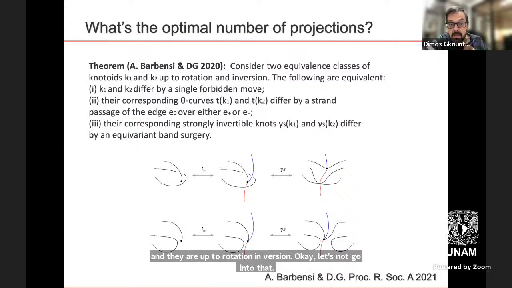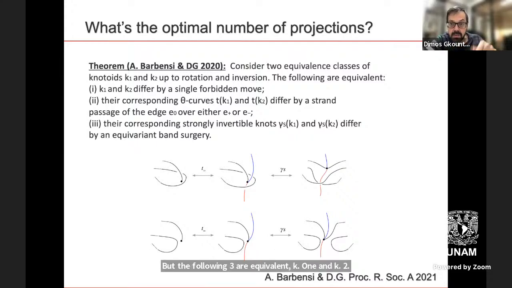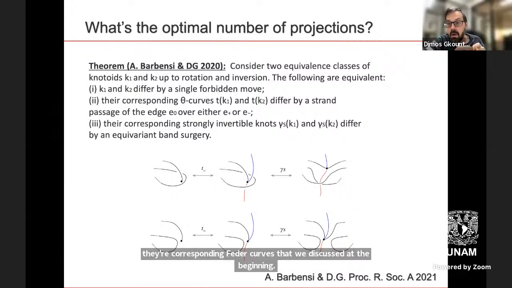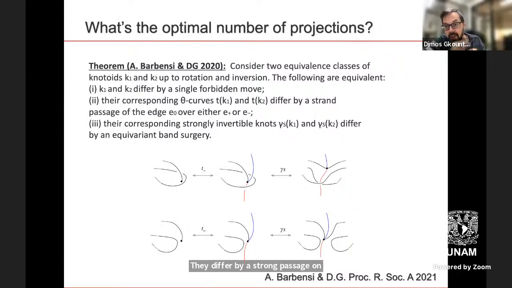K1 and K2 differ by a single forbidden move; the diagrams, or their corresponding theta curves that we discussed at the beginning, differ by a strand passage on the blue and the gray edge, or the gray and the red, one of the two combinations; or the corresponding knots are strongly invertible. You remember that we can go from theta curves to knots.